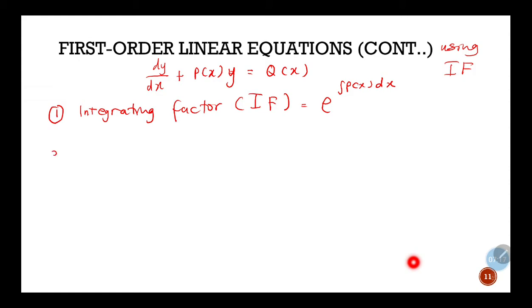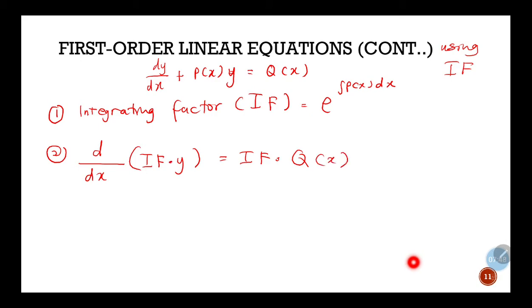The second step: once you get the integrating factor value, apply this equation d/dx of (IF times y) equals IF times q(x).